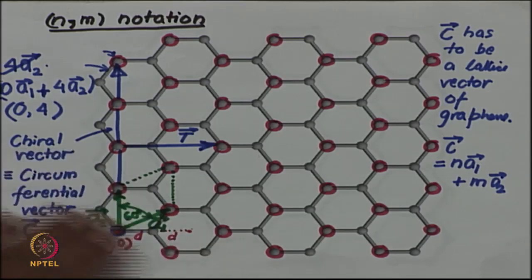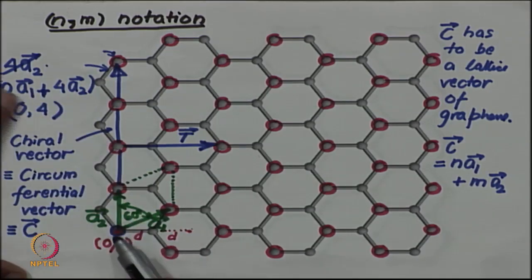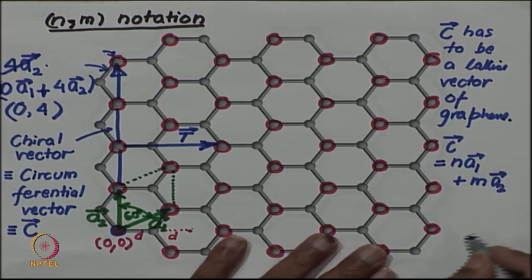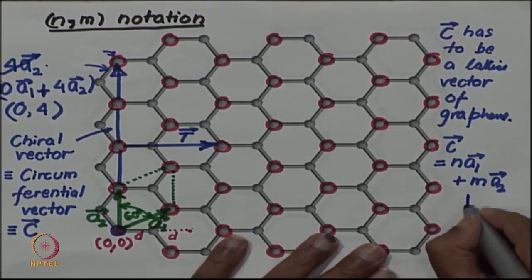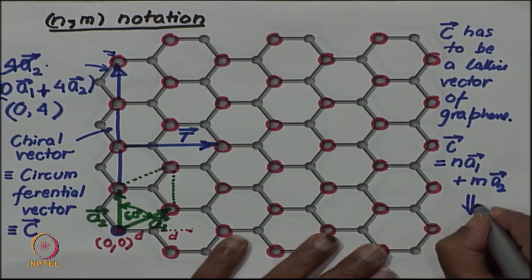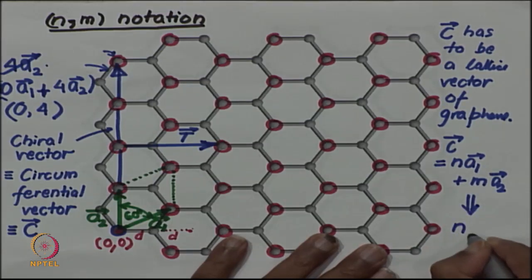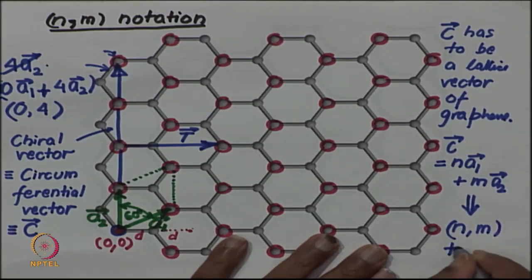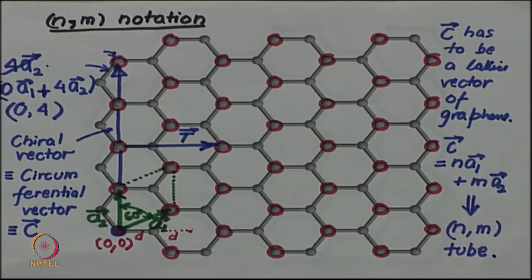Any lattice vector, as you know, since we have selected a primitive unit cell and A1 and A2 are the basis of the primitive vector, can always be expressed as n times A1 plus m times A2. So, the resulting tube will be called an (n, m) tube. I hope this designation or this notation is clear.